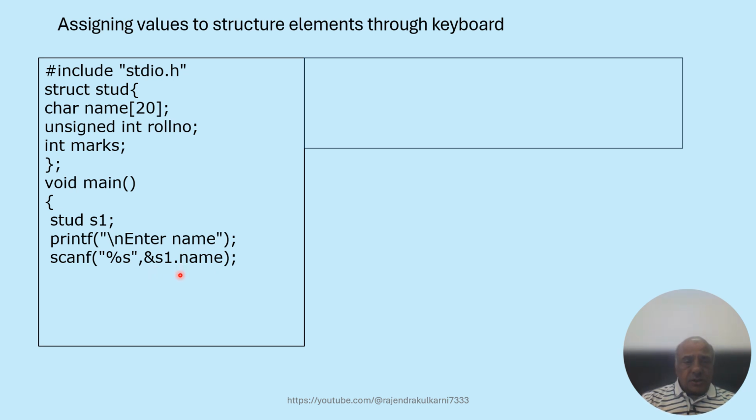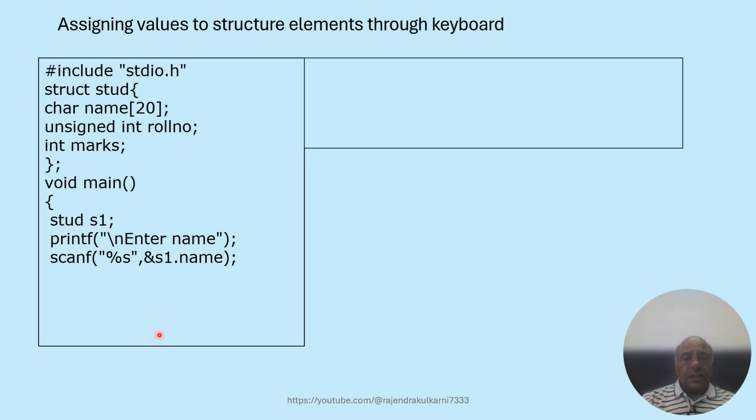So this dot tells the compiler that whatever data is entered by the user in this printf statement shall be assigned to the variable name, which is a string forming part of the structure variable s1.